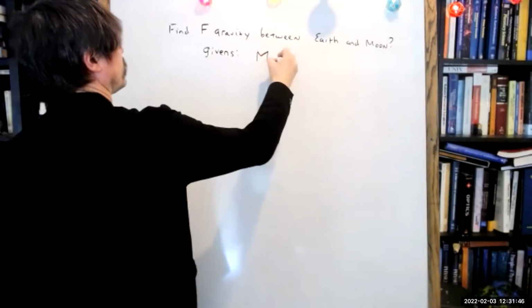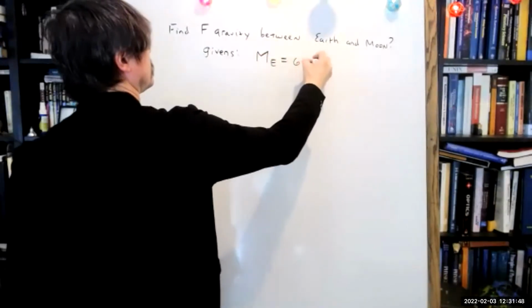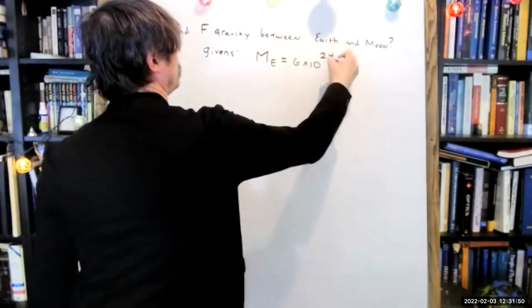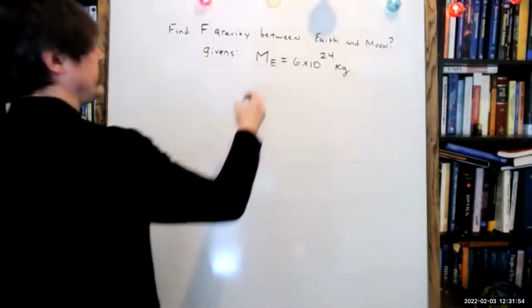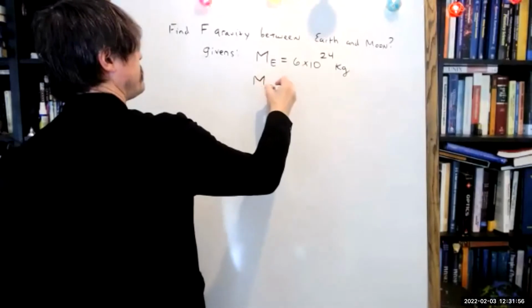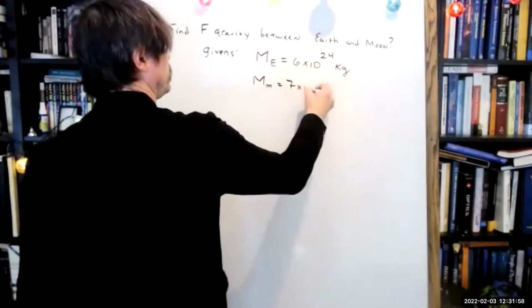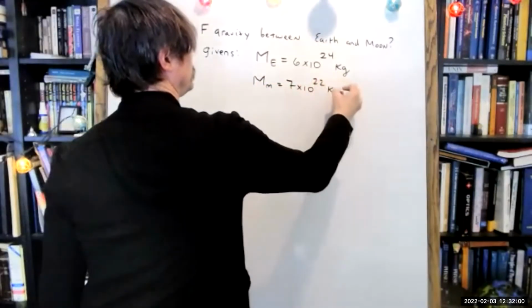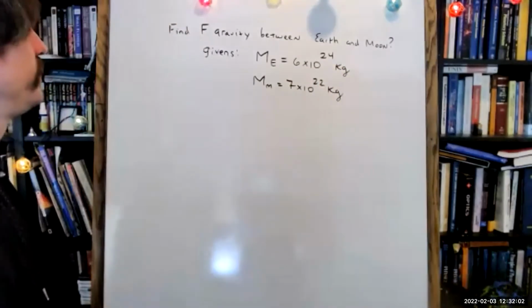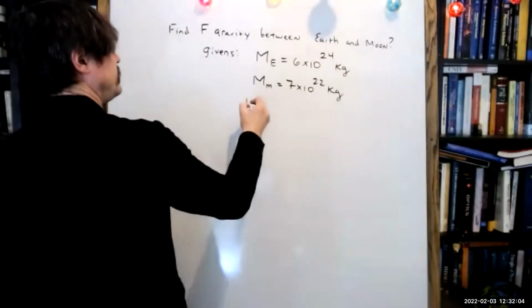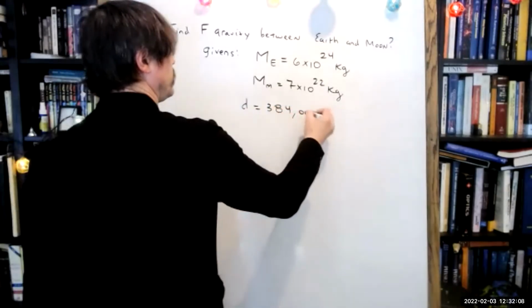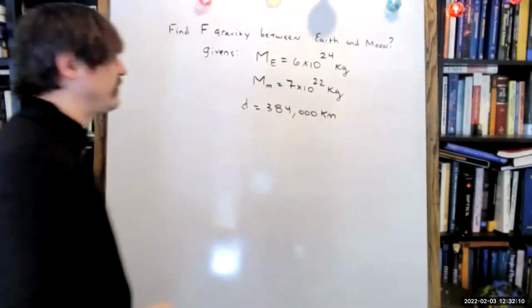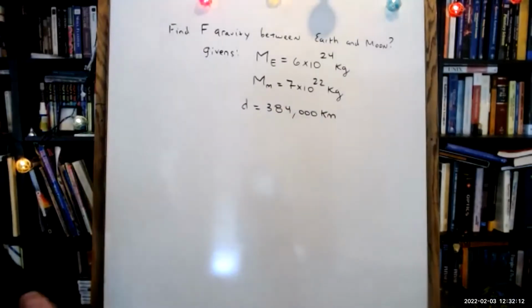The mass of Earth is 6 times 10 to the 24 kilograms. The mass of the moon is 7 times 10 to the 22 kilograms. And the distance between them is 384,000 kilometers.